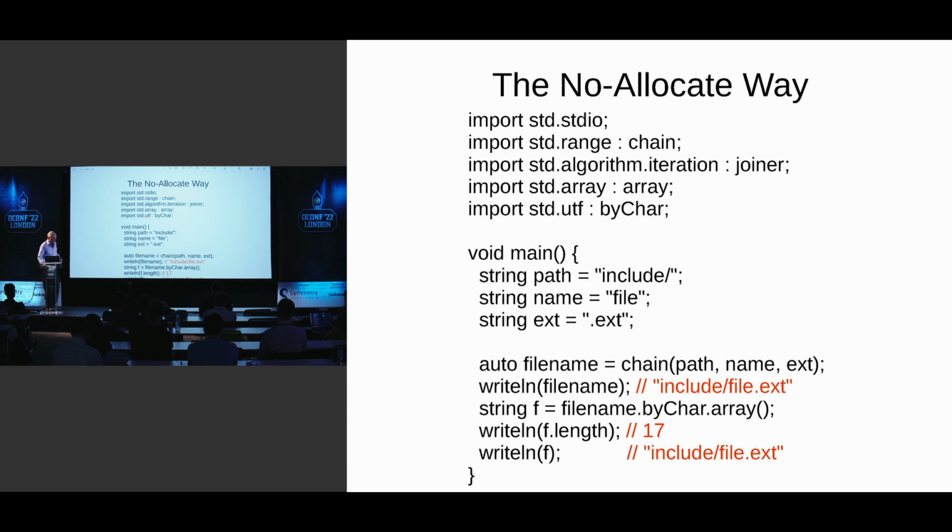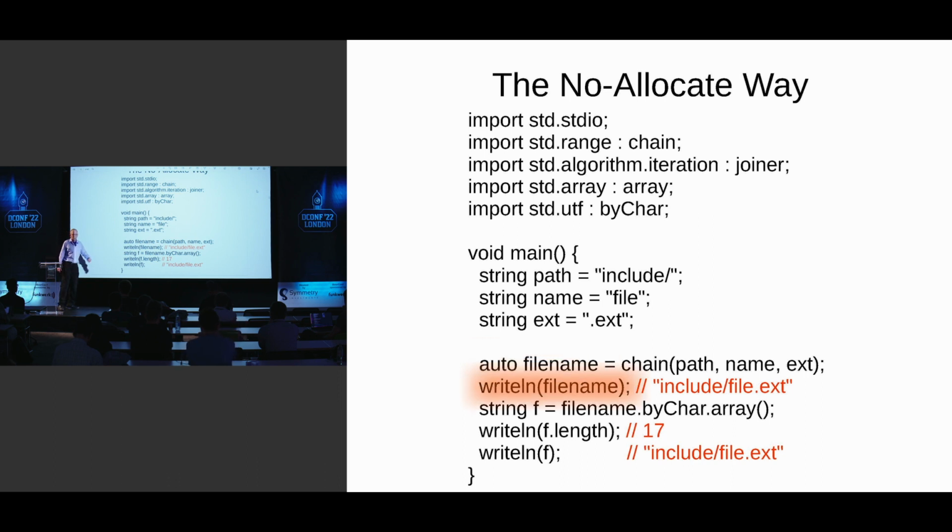And how that works here is, oops. It turns out that the object is actually a range. Well, it's an input range, which has the usual empty, popFront and front.